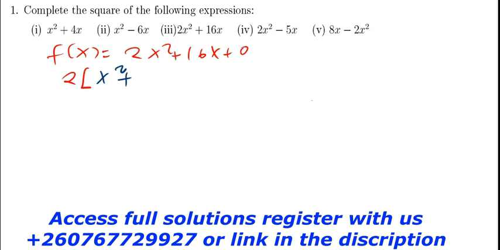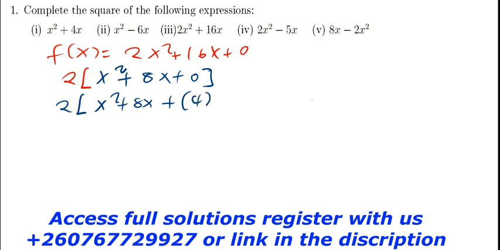Then 16 divided by 2 is 8x. 0 divided by 2 is just 0. Remember the next step, we get half of 8, which is positive 4, so positive 4 squared, minus the same thing, then plus 0.